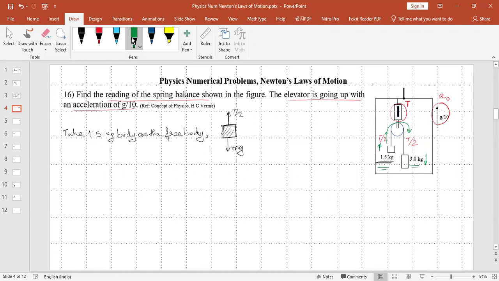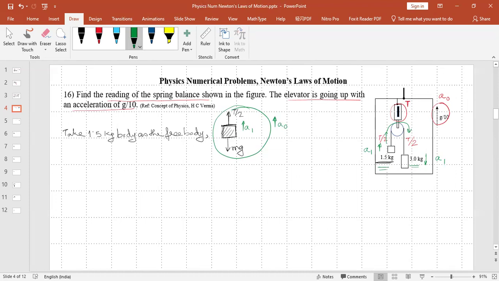Their motion, acceleration, or speed will be identical. Let us say this acceleration is A1, and this acceleration is also A1. So this body is going up with an acceleration A1, and the whole body along with the lift is going up with an acceleration A0. Right?